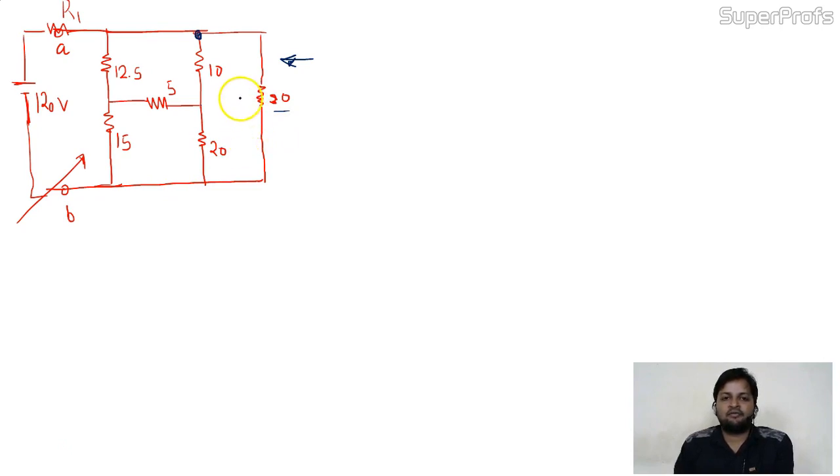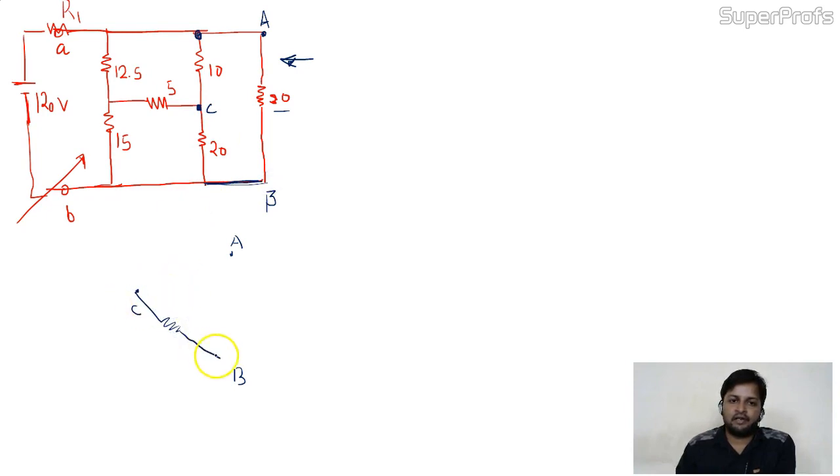So tell me, which type of connection is this then? Is this a star connection? No. Is this a delta connection? It is not clearly visible, right? But we can make it visible. Suppose this is point A, this is point B, and this is point C. I can redraw it. Between C to B we have 20 ohm.